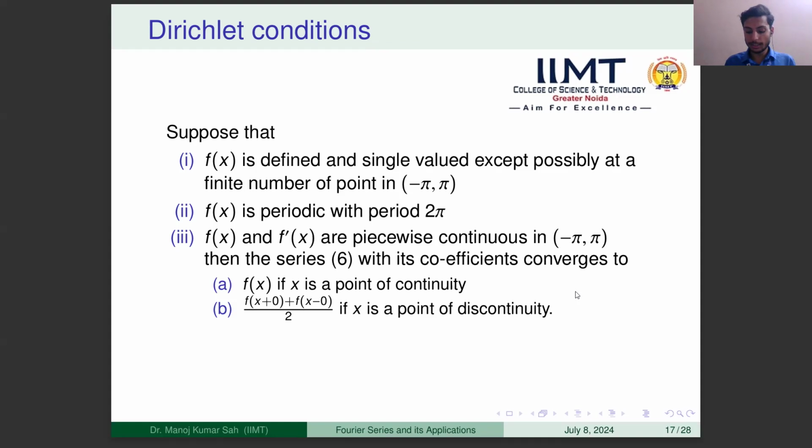The above conditions are generally satisfied in the problems of science and engineering only. At present, there are no known sufficient and necessary conditions for the convergence of the Fourier series. It is of great interest that the continuity of f of x does not alone ensure the convergence of the Fourier series.